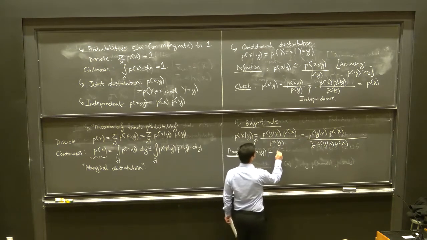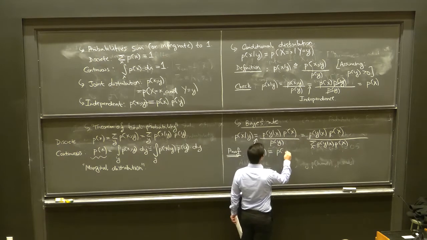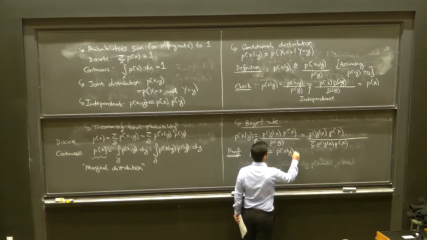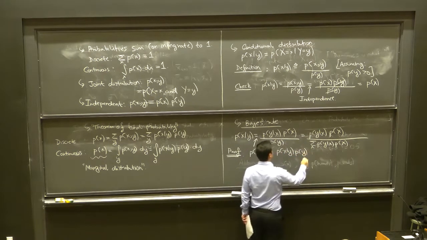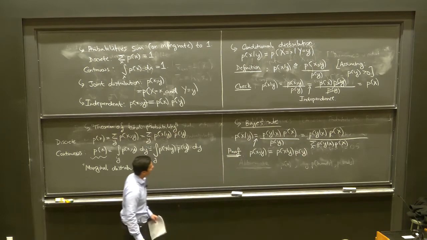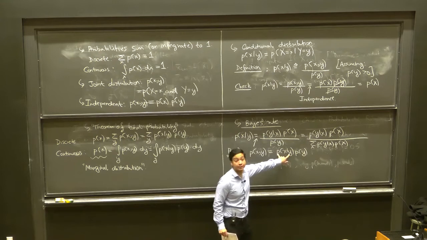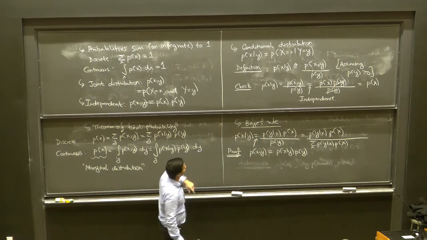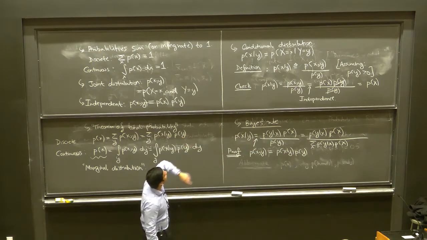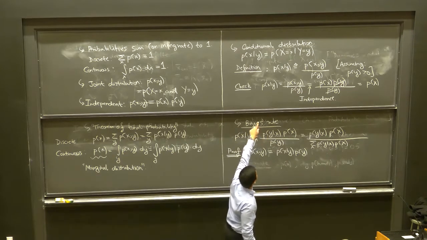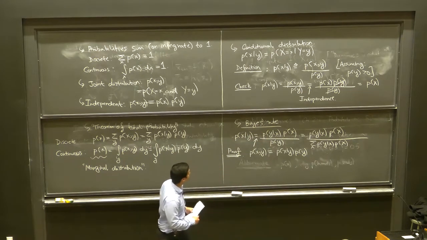I can write this as P of x given y multiplied by P of y. And this follows from the definition of the conditional distribution that we wrote over there, just multiplying both sides by P of y.